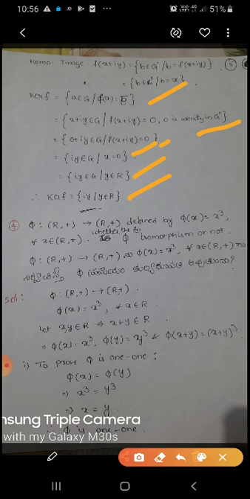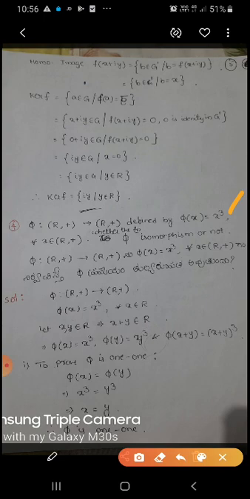Next problem. φ maps R+ to R+ defined by φ(x) = x³ for all x belongs to R+. Whether the function is an isomorphism or not.